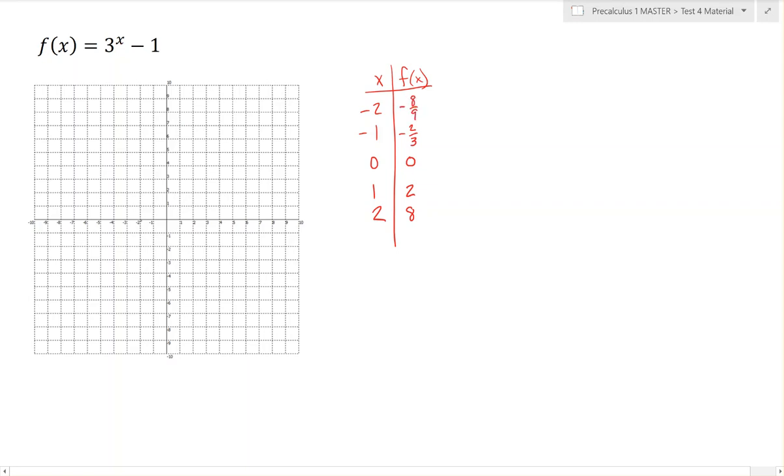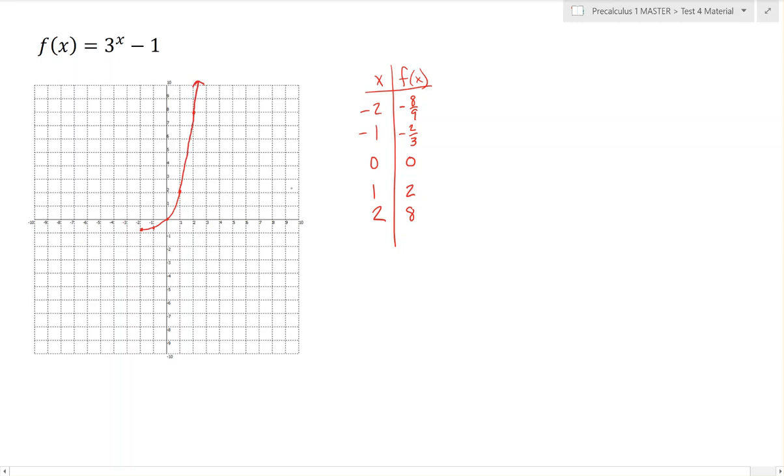Okay, and then I can graph that. -2, -8/9; -1, -2/3; 0, 0; 1, 2; 2, 8. And connect those points as smoothly as you can. And we know this continues to go up like that. What is happening over here?